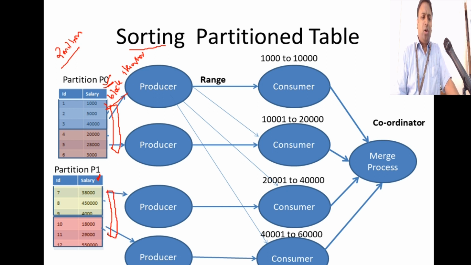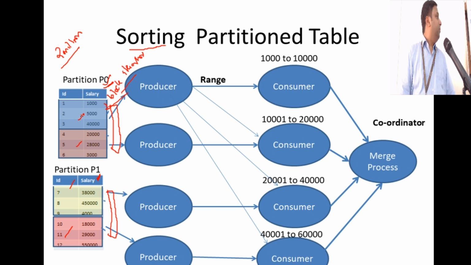So the process is the same except for this block iterator, which will iterate and get all the records from all the partitions. The producers use a block iterator to retrieve records in blocks from all the partitions. That's it. And then again it range distributes. It reads a record, based on which range it should go to, it distributes it to that consumer.